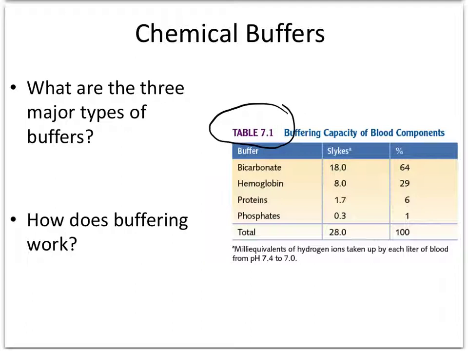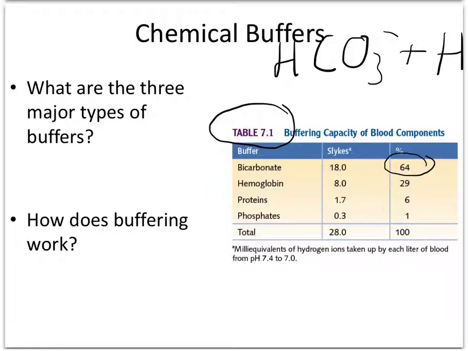What we see here is that bicarbonate accounts for about 64% of the buffering capacity in your body. So that's huge. And remember what bicarbonate is? Bicarbonate is that HCO3 negative molecule. This bicarbonate can accept a hydrogen ion, which is positively charged.